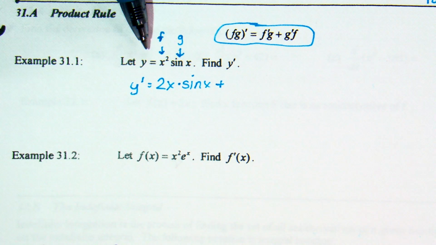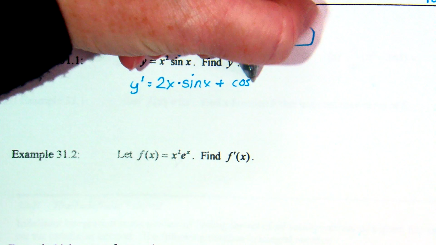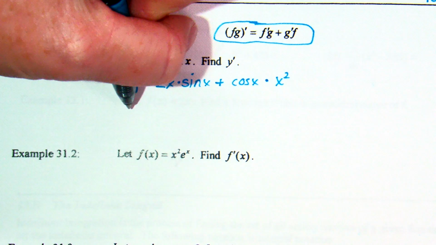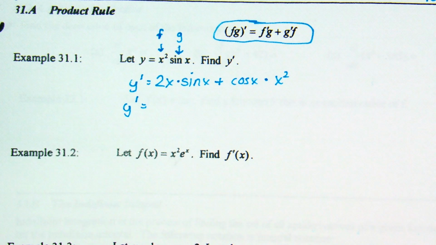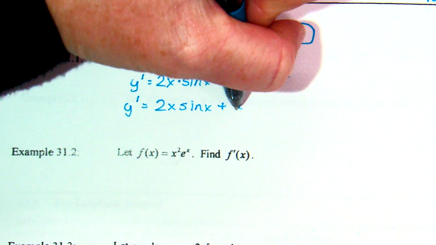So you could write it as cosine x times x squared. I wouldn't recommend leaving it like that because that brings the question of cosine of what. But that's the idea. When I clean this up, about the only cleanup I can do is switch that back piece. I can say that this is 2x sine x plus x squared cosine x.